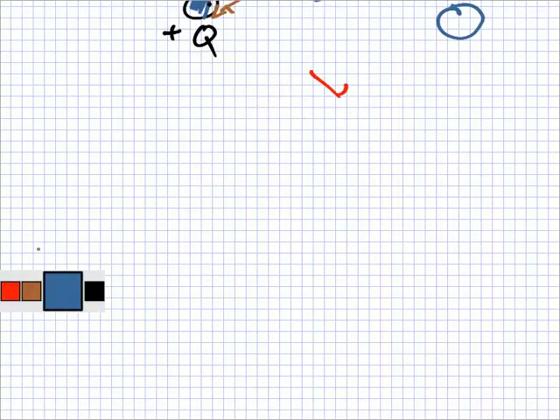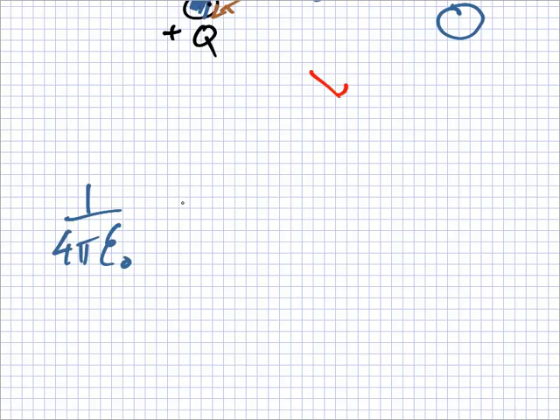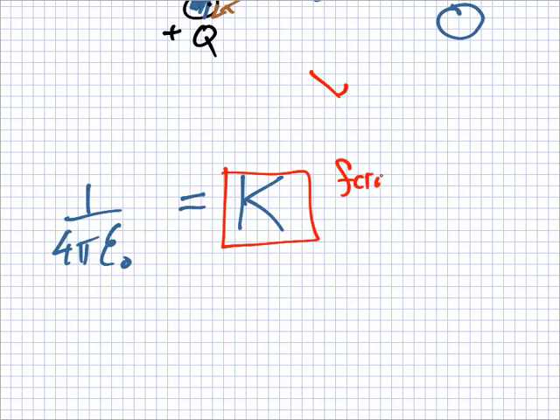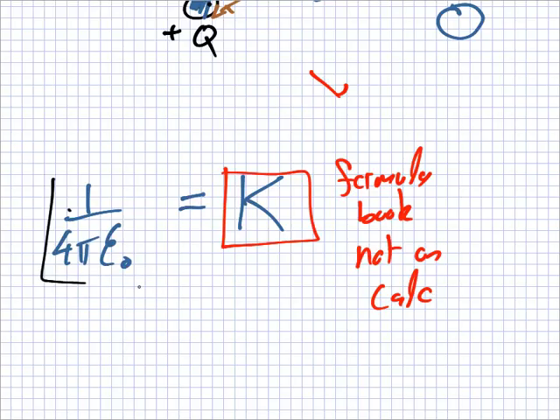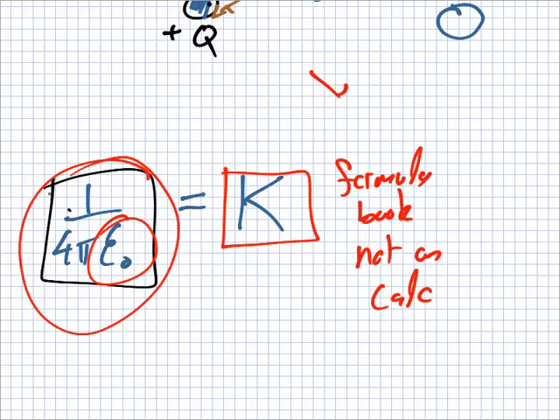In fact, a lot of the time it's just written as K. That's fine, the problem is this is in your formula book but it's not on the calculator. Whereas this part of it is in the formula book and is on your calculator. So if you want to type it into your calculator, it might be better to write the constant in this form, because you have this constant on the calculator.